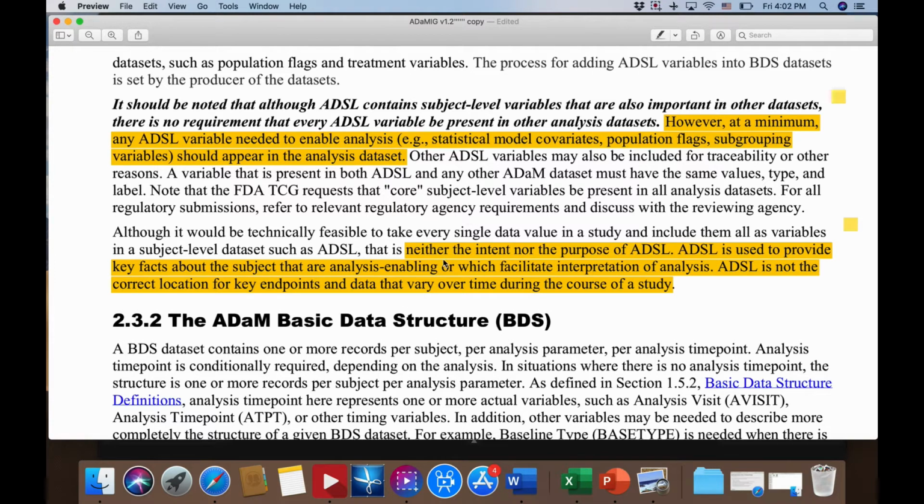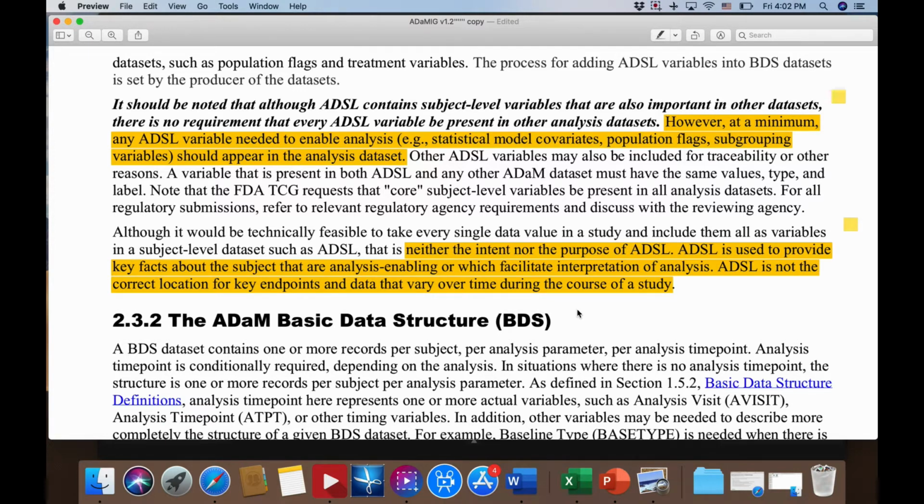ADSL should not be too large, so keep it simple but include the key information for your study.